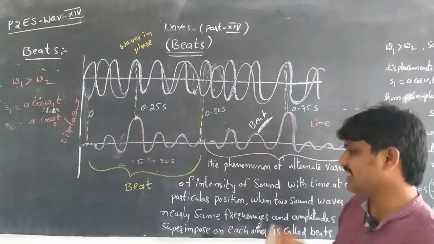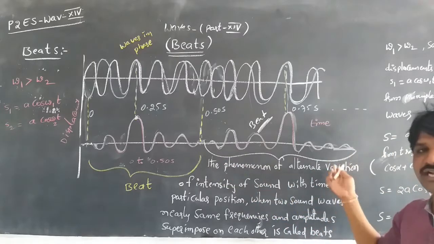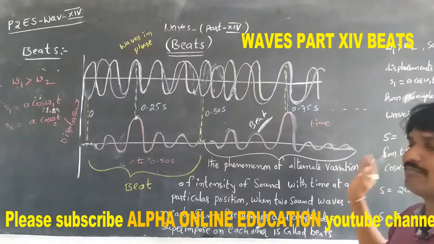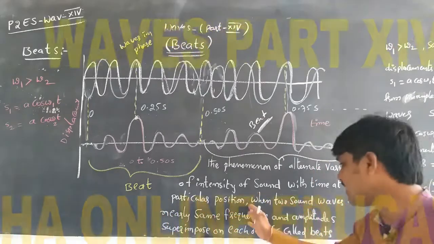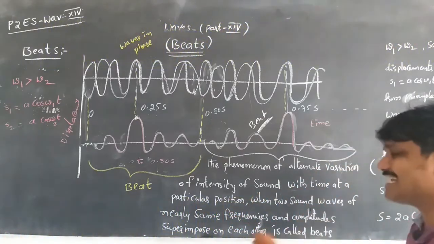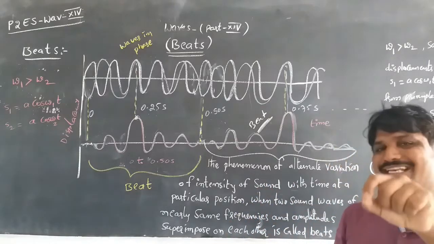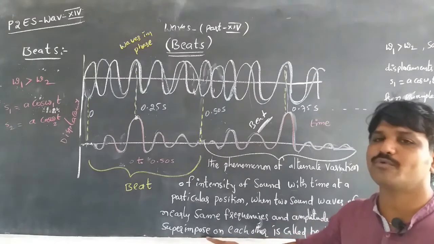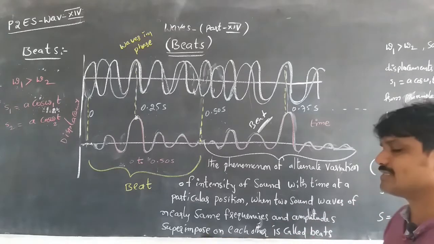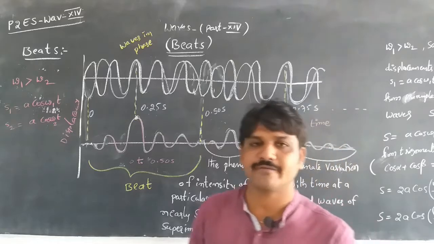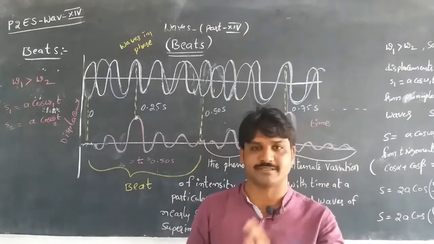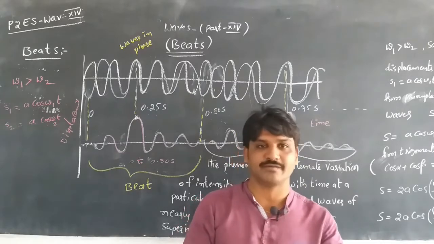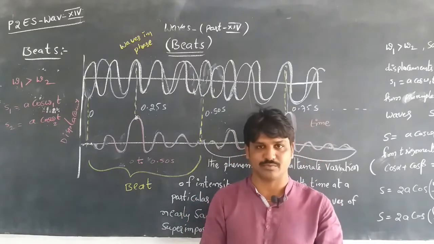Beats means the phenomenon of alternate variation of intensity of sound with time at a position, when two sound waves of nearly the same, not equal, frequencies and amplitudes superimpose on each other. Beats depend on the phenomenon of interference of waves.